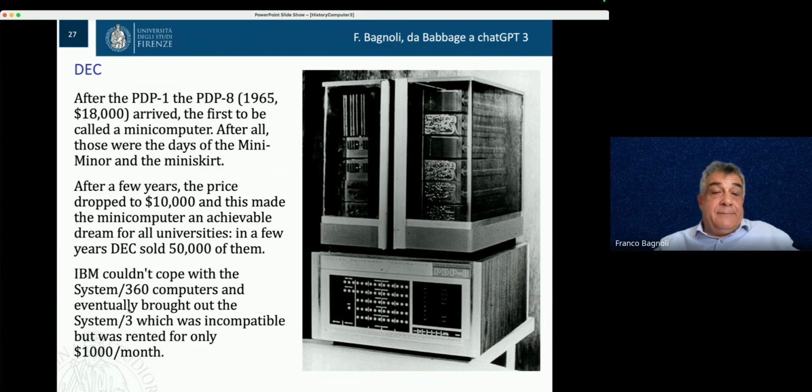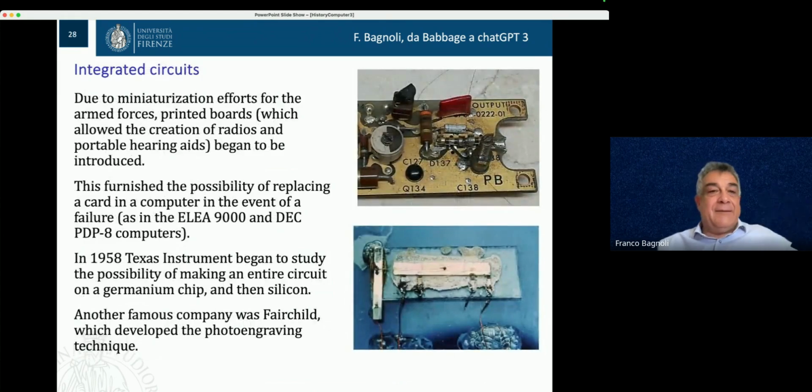And clearly, for some universities, instead of spending $10,000 and owning a computer, they may prefer to spend $1,000 per month. Clearly, after a year, it was more than the other price, but maybe for the budget, it was more accessible.